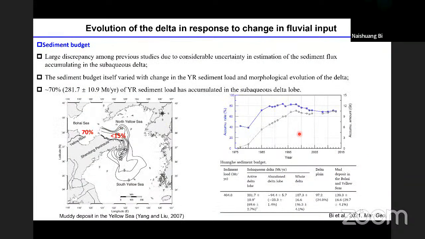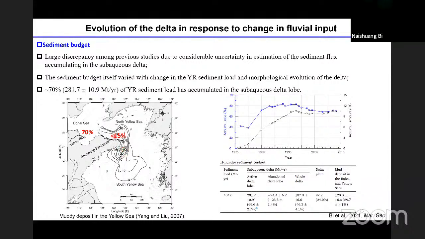So we know that the Yellow River sediment was not only deposited in the delta region, but also transported from the Bohai Sea to the Yellow Sea through the Bohai Strait, and has become a dominant sediment source for the muddy deposit in the Yellow Sea. This diagram shows the muddy deposit in the Yellow Sea, illustrated by Professor Yang and Paul.